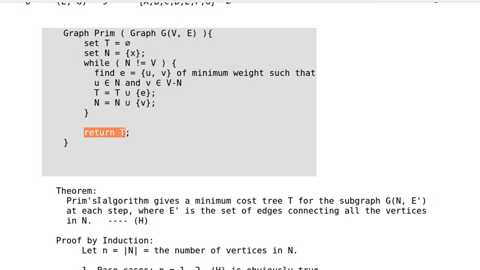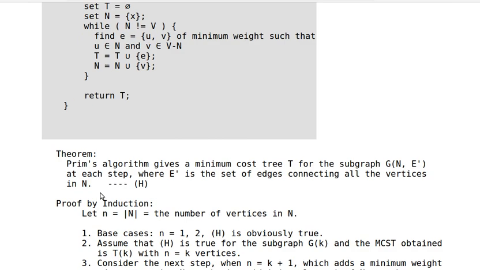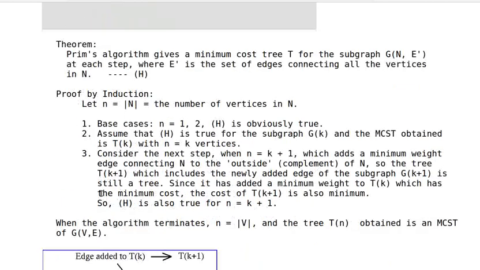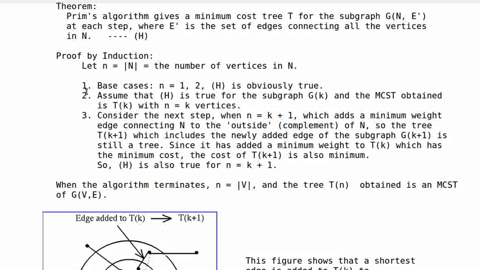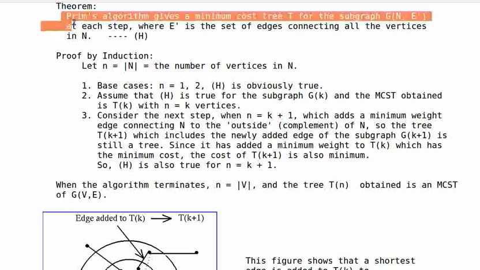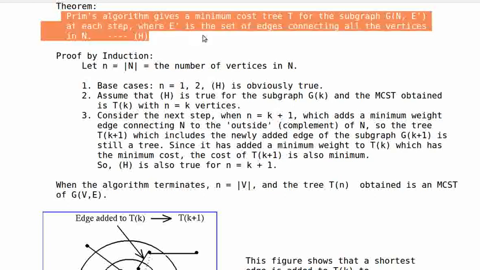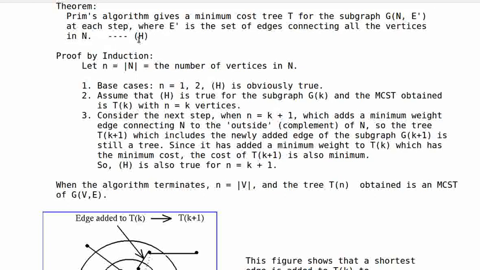We can prove that Prim's algorithm finds a minimum cost spanning tree. The proof is by mathematical induction. Here's our hypothesis: Prim's algorithm gives a minimum cost tree T for the subgraph (N, E') at each step, where E' is the set of edges connecting all the vertices in N. Let's call this hypothesis H. Proof by induction.